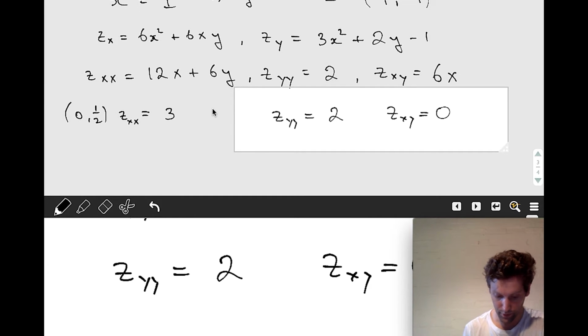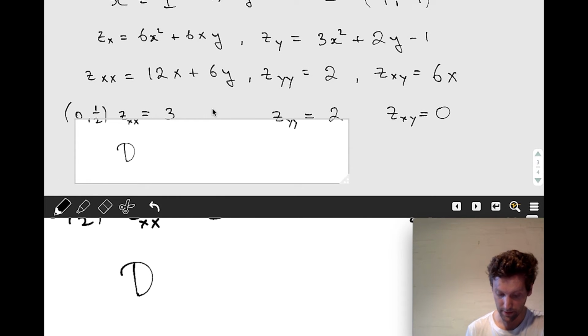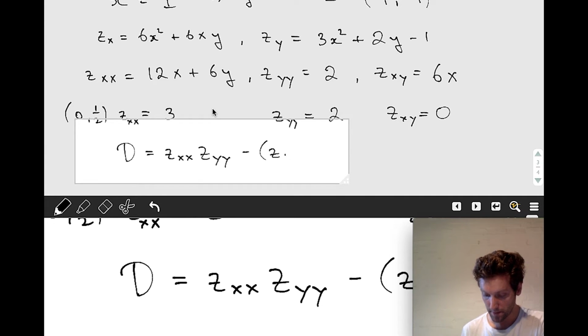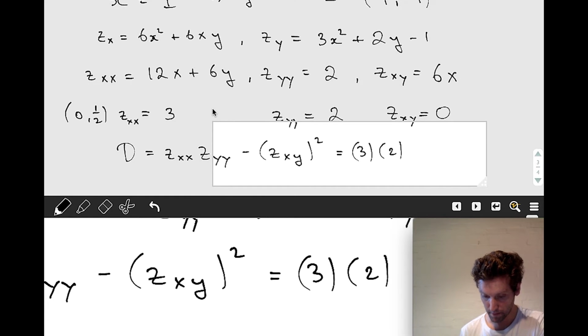We're ready now to put these together into our function d. So d, remember, was the second derivative with respect to x multiplied by the second derivative with respect to y minus the mixed derivative squared. So in this case, it's going to be equal to 3 times 2 minus 0 squared.